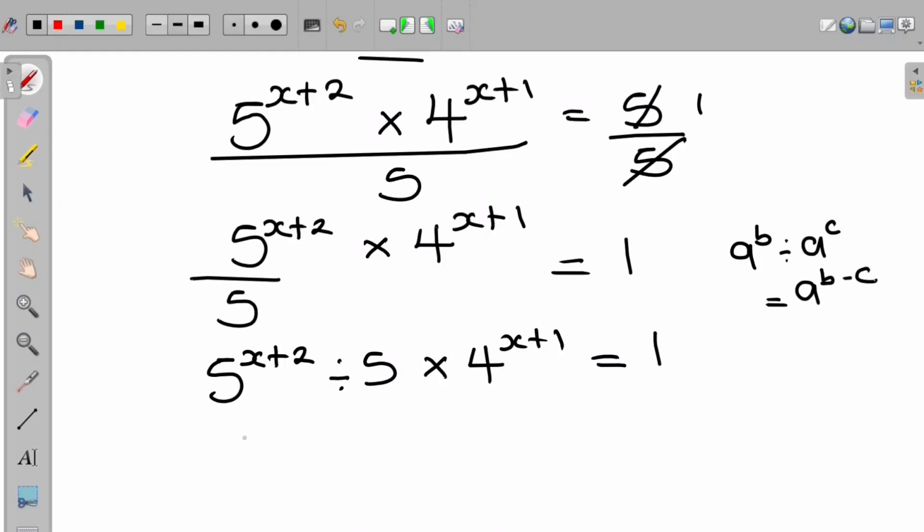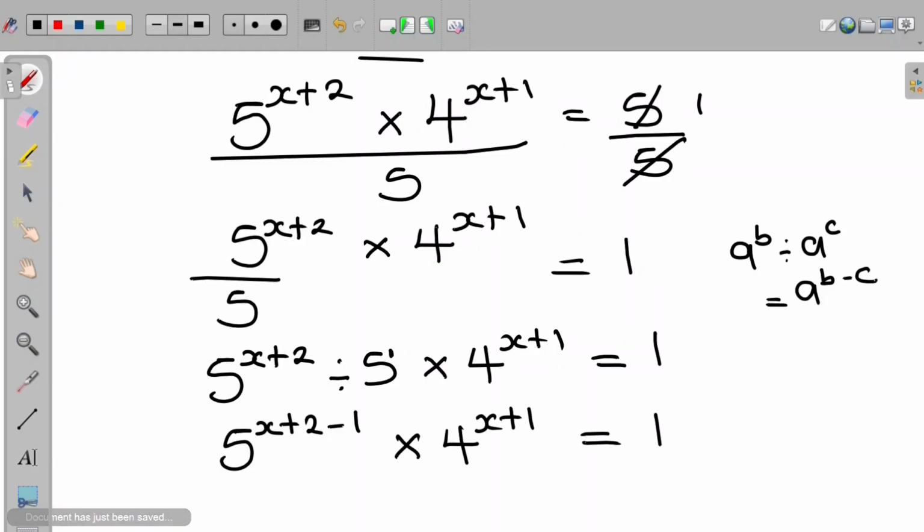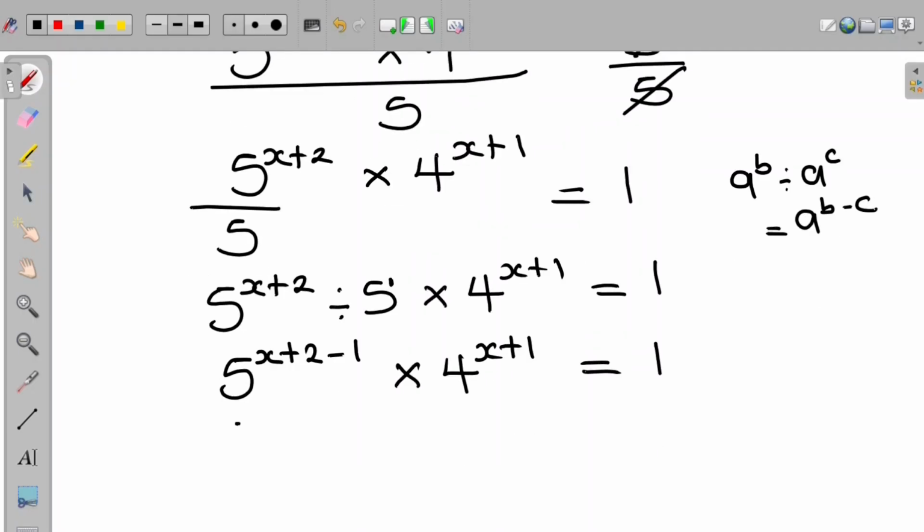So at this point, this becomes 5 raised to the power of x plus 2 minus 1, because the highest power of 5 here is 1, multiplied by 4 raised to the power of x plus 1 equal to 1. So this becomes 5 raised to the power of x plus 2 minus 1, which is x plus 1, multiplied by 4 raised to the power of x plus 1 equal to 1.